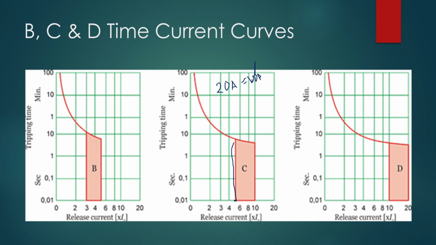If we go up all the way and look in here, ignore this bit, we will notice that the tripping time of the breaker when it reaches 100 amps is approximately 7 seconds. So now we understood that after 7 seconds, the breaker will trip if it reached 100 amps.